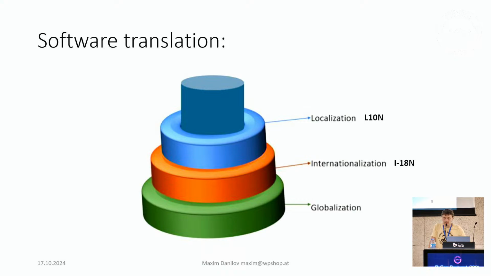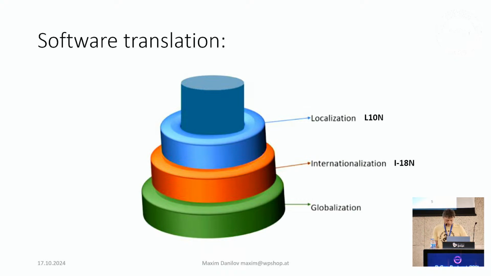Localization is how I pass my application to some country, internationalization is how I pass my application to a language, and globalization is how I pass my application globally to go to market in this country.